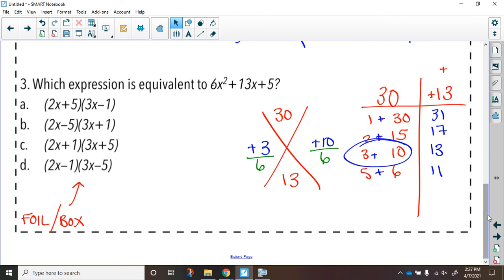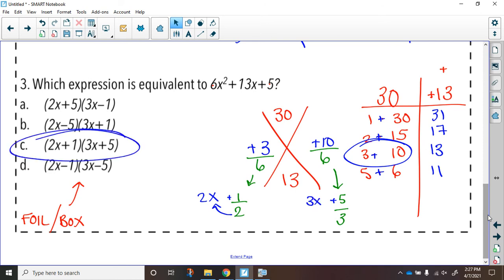Which means 3 over 6 can reduce to 1 over 2. 10 over 6 can reduce to 5 over 3. So when I go to write my answer, and both of these numbers are positive, I get 2x plus 1 and 3x plus 5, which means C would be the correct answer.